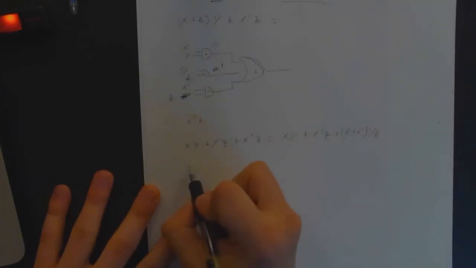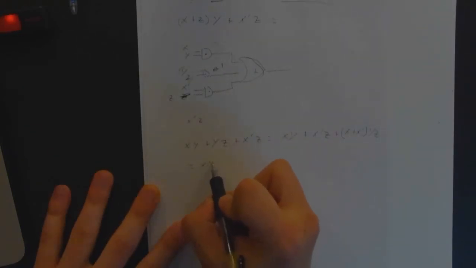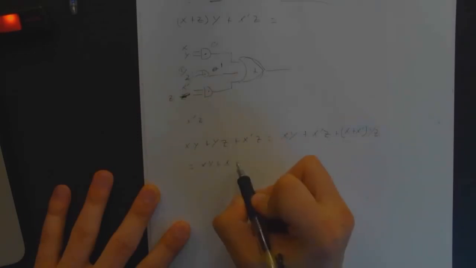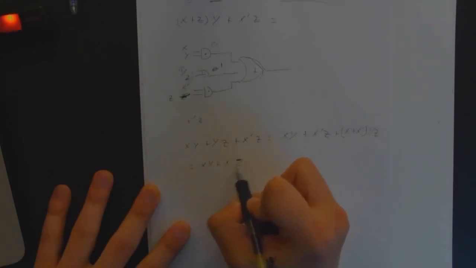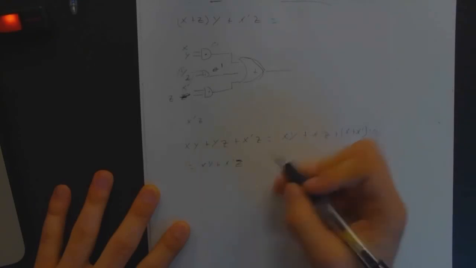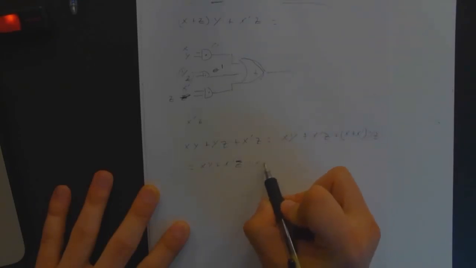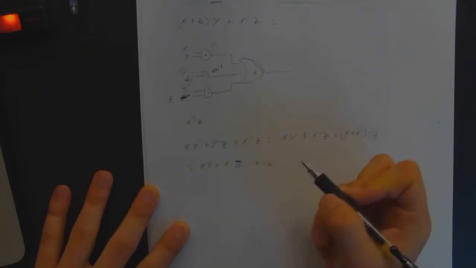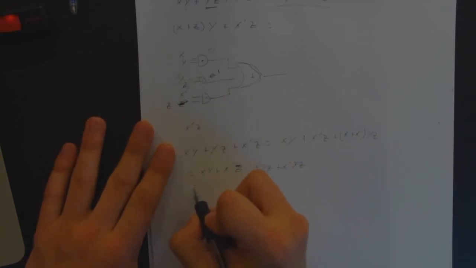And I can do this because this is 1, right? Okay. So now, next step, we're going to bring this stuff down so it equals xy or x prime z, okay? Or xyz, or x prime yz, right?